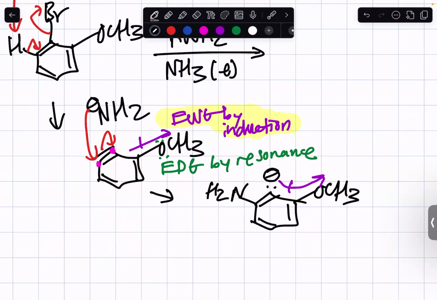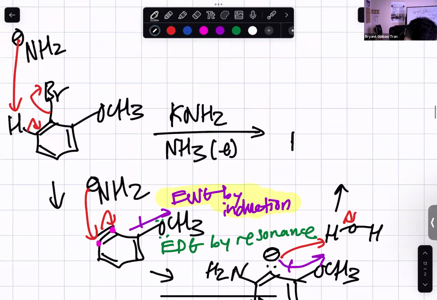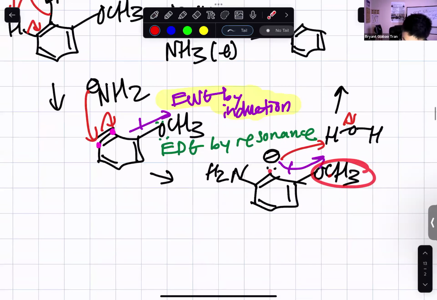So the meta position is the minor one? Major. Oh wait, okay, never mind. Right, major, because we want the negative charge close to it, so we protonate the negative charge to give us this final product here, the major product. The reason it's major is because we want the negative charge close to this right here.